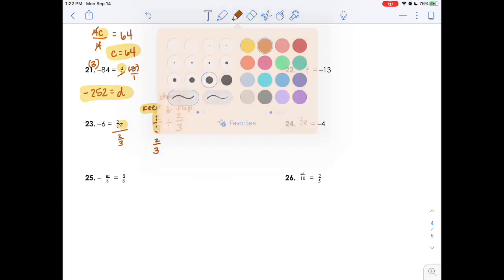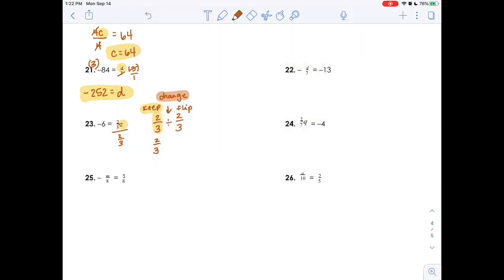Then I'm going to change the sign from division to multiplication. Lastly, I'm going to flip this second fraction upside down. So I'm going to flip the numerator and the denominator. That'll give me, instead of 2 over 3, 3 over 2.